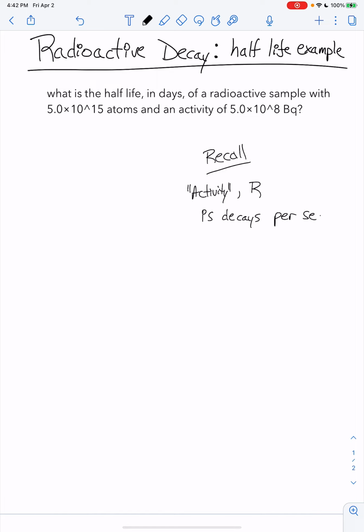So if we have a substance with a very large activity, then there are a lot of decays in a given amount of time. And so our equation for R is the magnitude of dN/dt, and that's equal to RN.